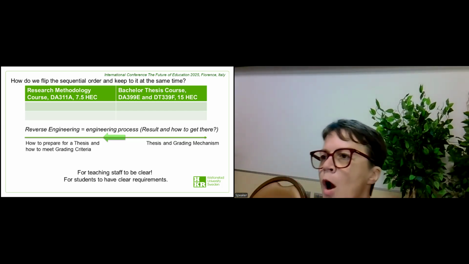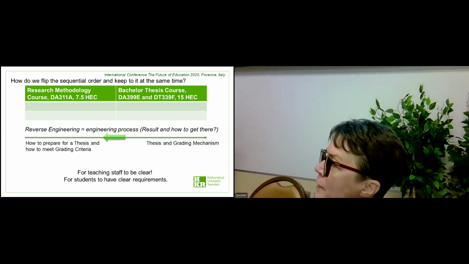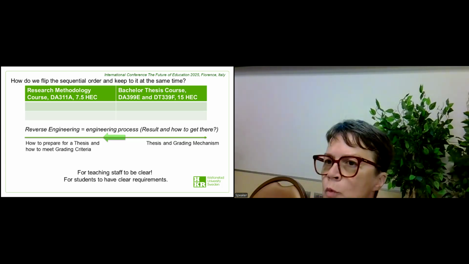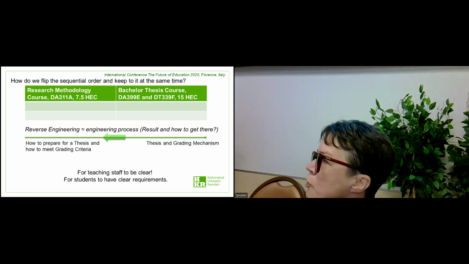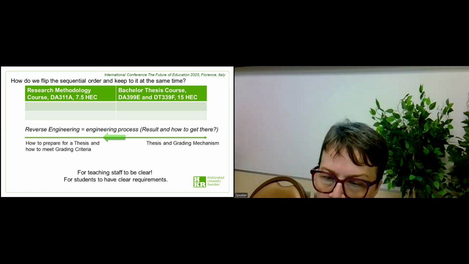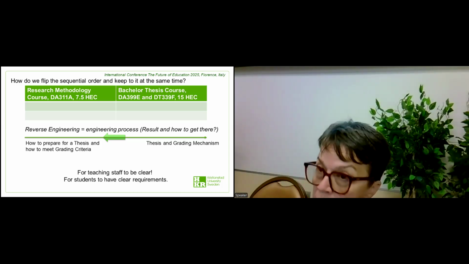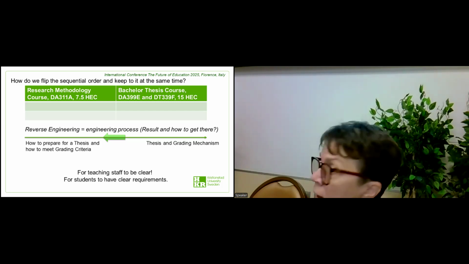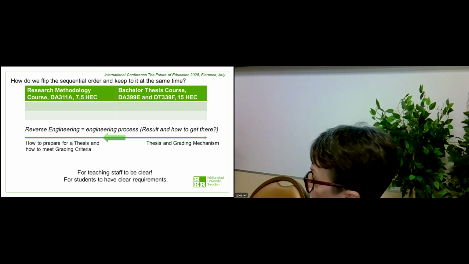So it is for us as teaching staff to be crystal clear as much as we can, so we don't have students ducking, or we say fainting, in this process. And for students to have clear requirements so they know how to navigate the ship of their own.